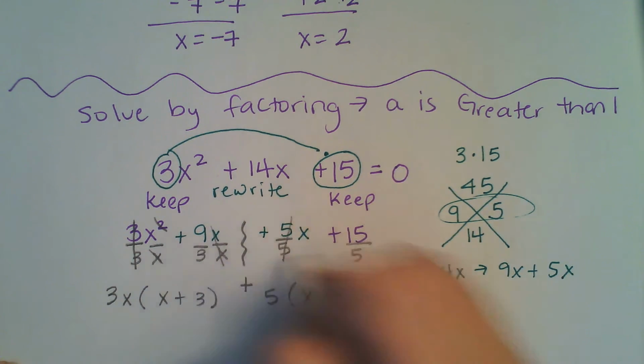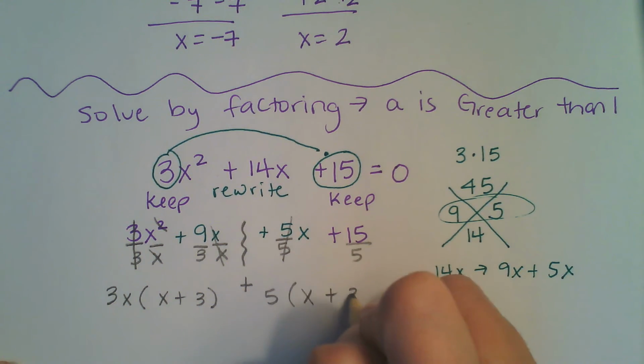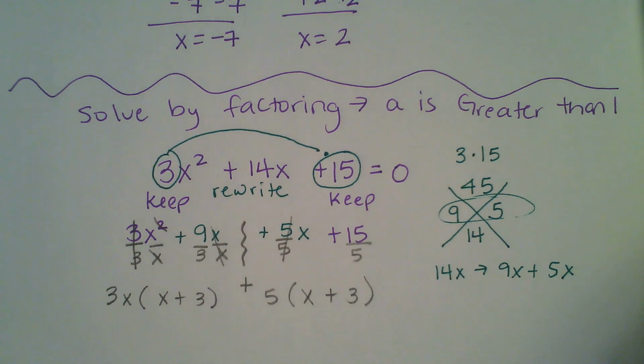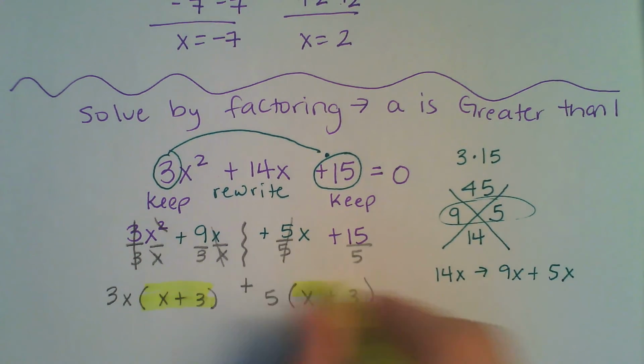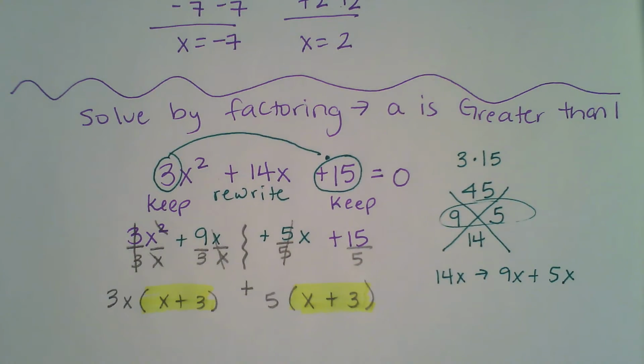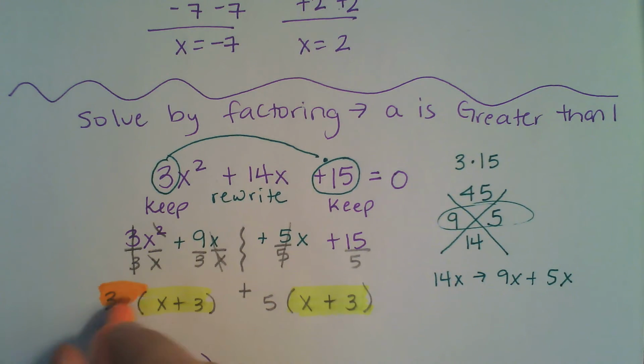X plus 3. And I feel confident in what I've just done because I know these parentheses should match exactly, and they do. So that's good. So I write down one of those. And I also write down the 3x plus 5 that we divided out, those common factors.